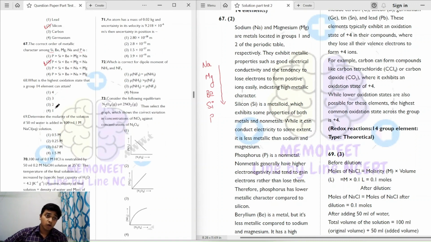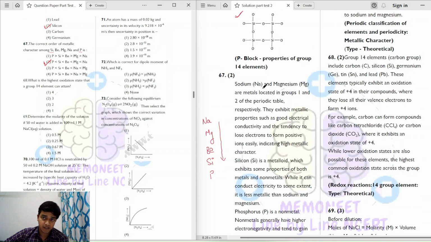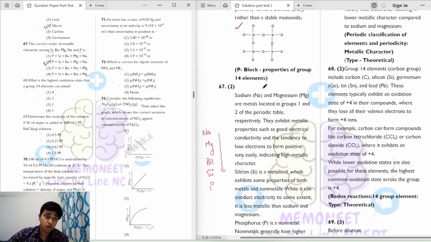The question says, what is the highest oxidation state that a group 14 element can obtain? Right. So once again, we have a group 14 related question. So group 14 is the carbon group, right? It is the carbon group. And if we remember the electronic configuration of carbon, if we talk about the valence shell, we have 2s2, 2p2, right?